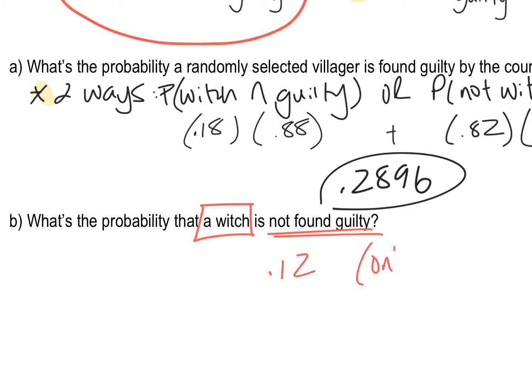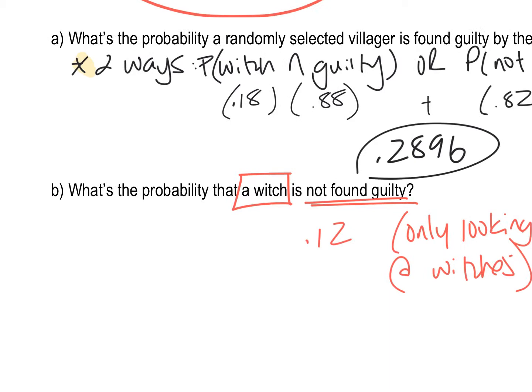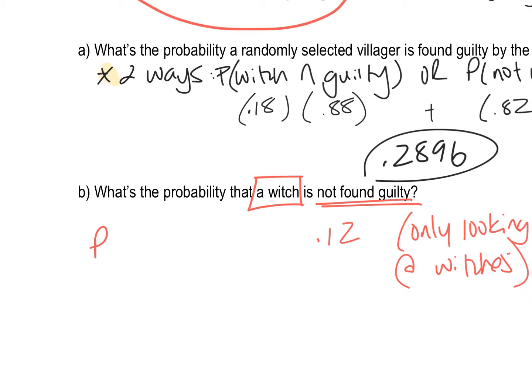We're only looking at witches, so half the tree in this case. The other way to think about this is, what's the probability that a witch is found not guilty? So probability of not guilty given witch is 0.12. That's the way to write it kind of like in symbols.